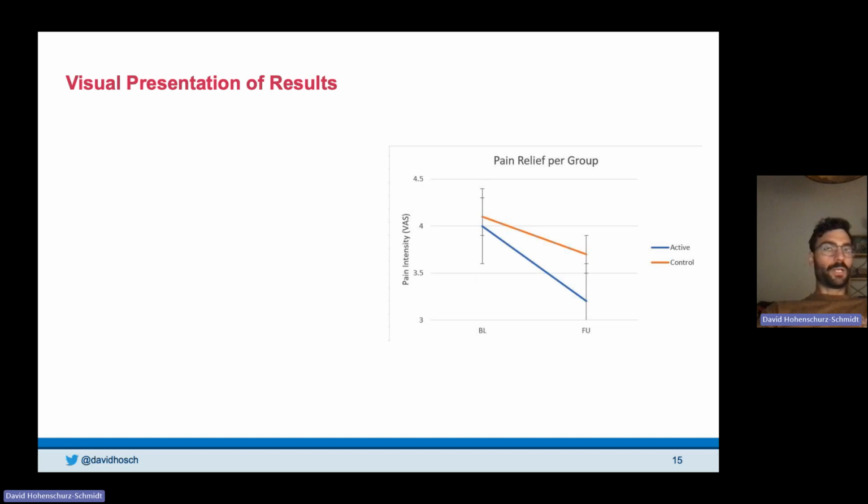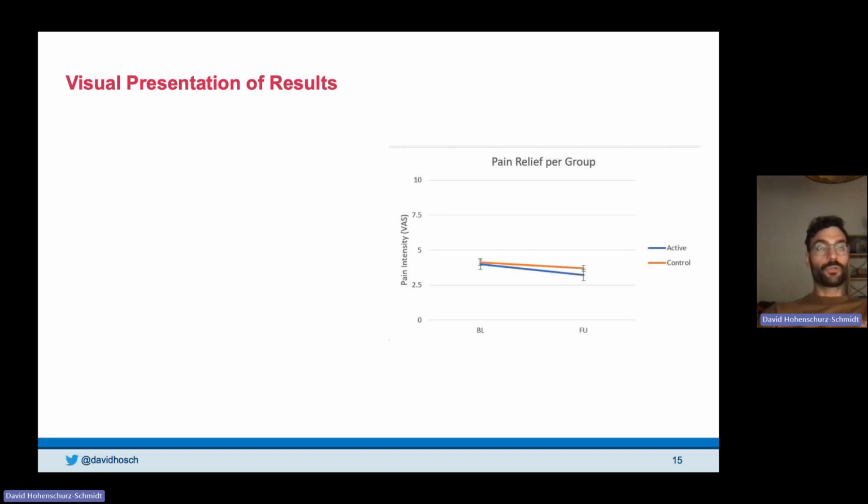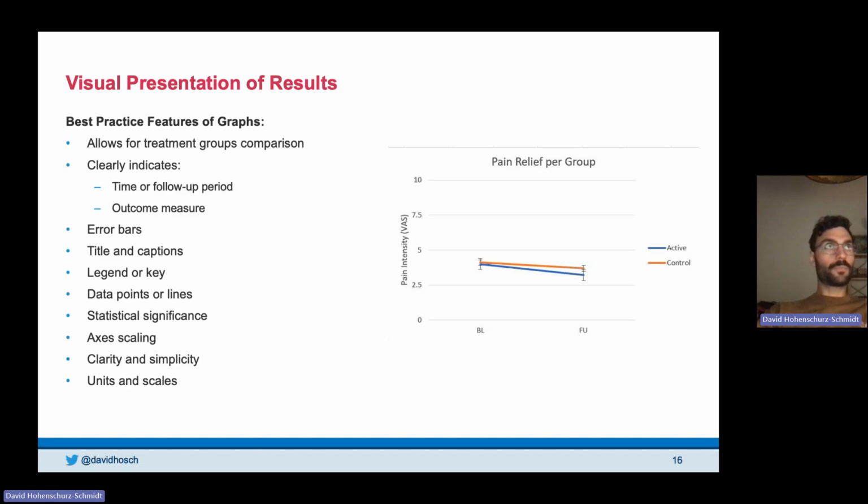The y-axis is a really fun thing to look out for in visual representations of trial results. Often meddled with, it should usually really represent the actual scaling of the outcome domain, the outcome measure that you're looking at. So here are a few best practice ways of showing graphs and annotating graphs.